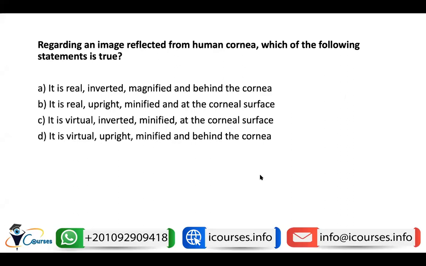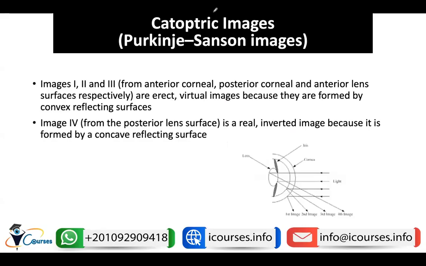Okay, so the correct answer is that it is virtual, upright, magnified, and behind the cornea. So according to the Purkinje-Sanson images, the first corneal image is called the Purkinje-Sanson image type 1.